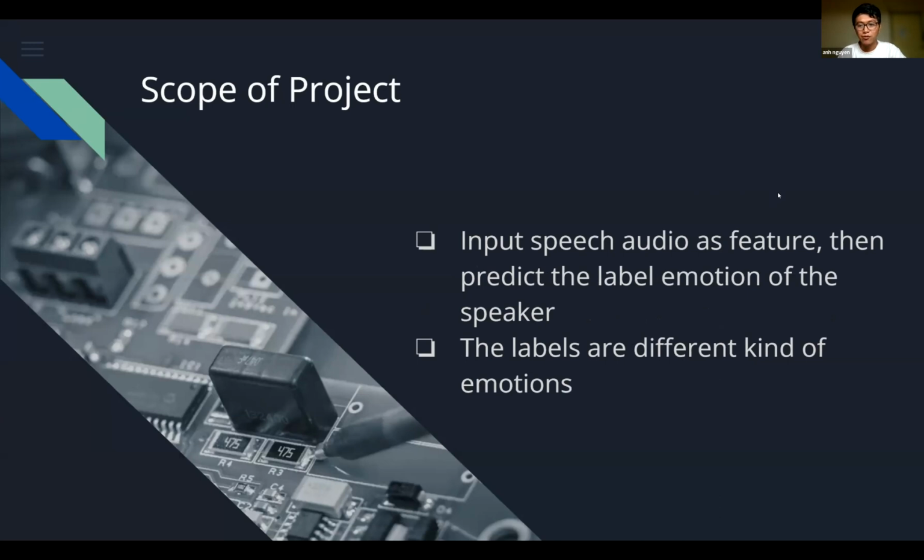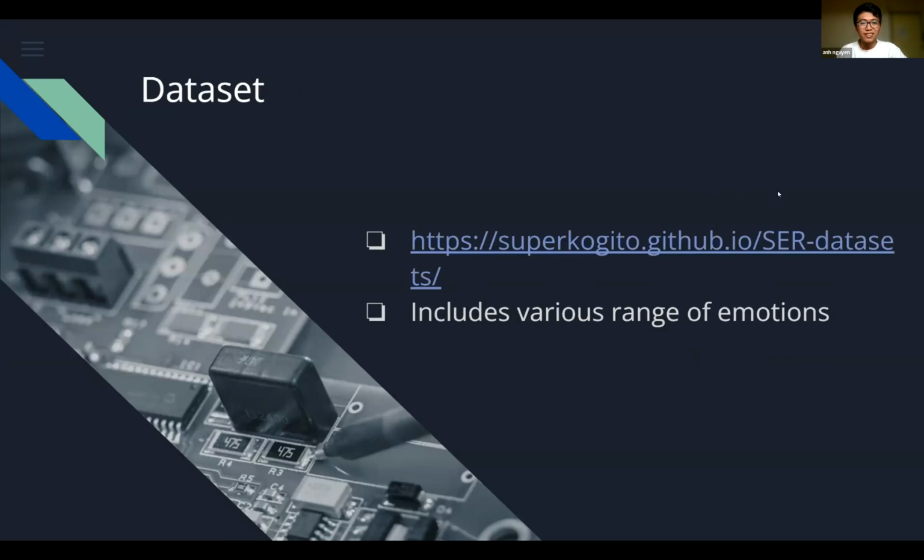The labels are different kinds of emotion. Datasets from GitHub or Kaggle include a various range of emotions.